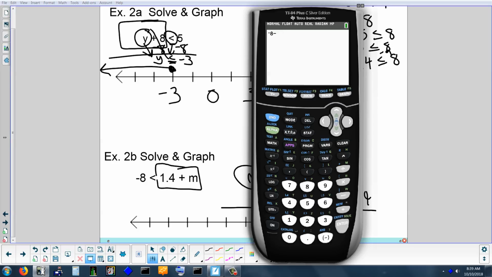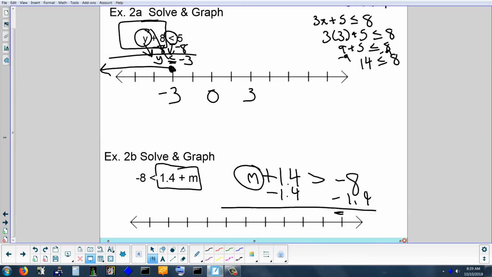It comes out as an error. 1.4, right? -9.4. So I'm going to write it up here. Haley, what does that say? Good. Just want to make sure that we were all on the same page with that.